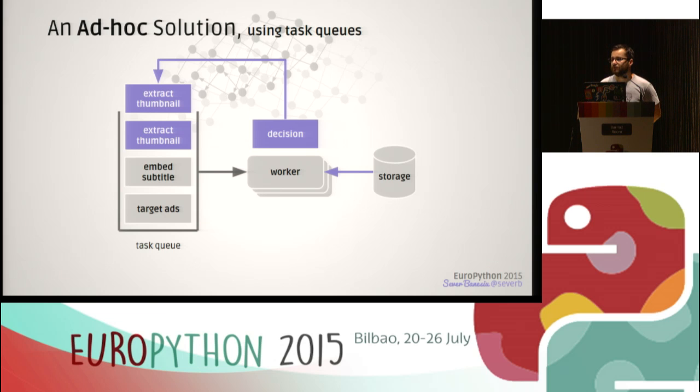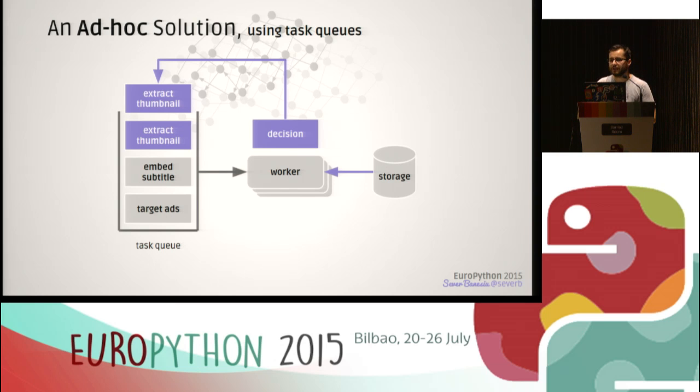But this solution is also not very good because you could have concurrency problems. So if two tasks finish one right after the other, you can get two decisions scheduled. And if those are executed in parallel by two workers, they will generate duplicate tasks in the queue.